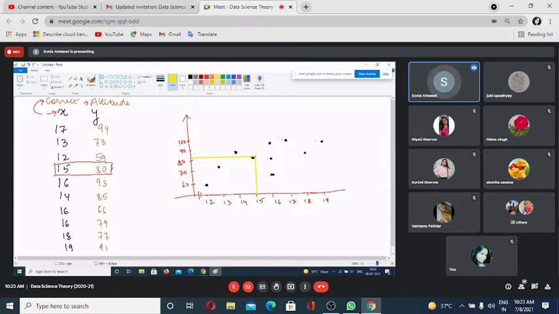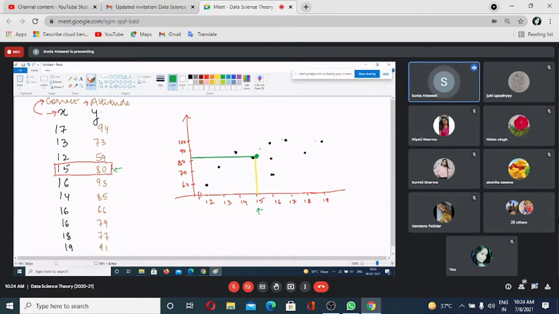Now we have a point, this point. Now this is the actual point for the value of 15, because here it shows 80.